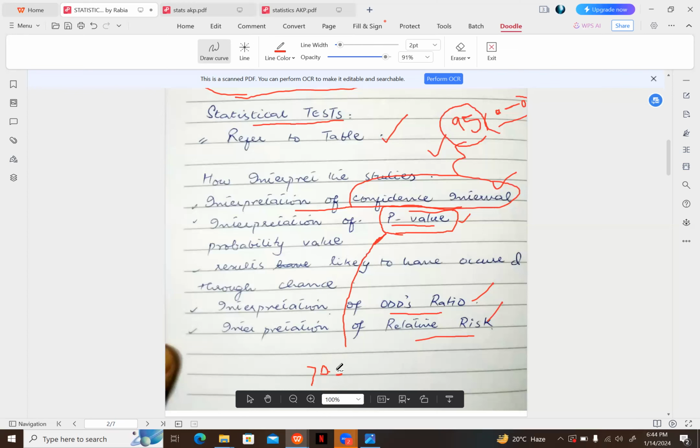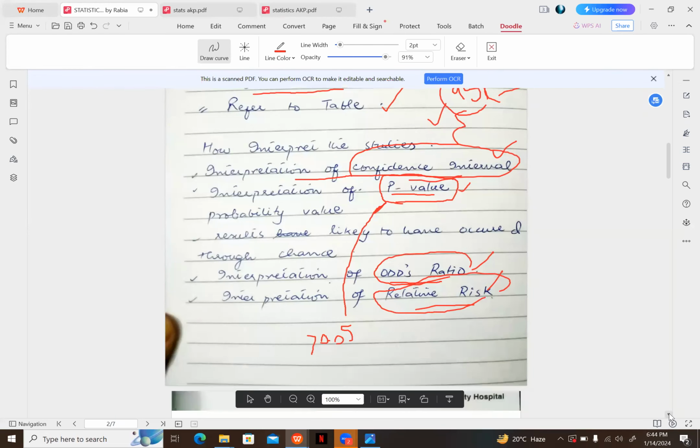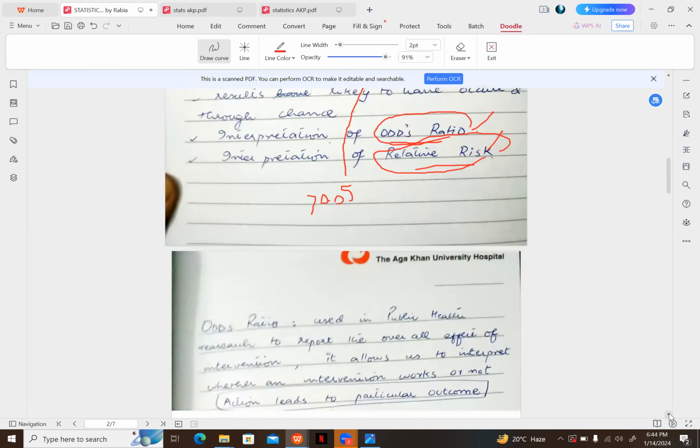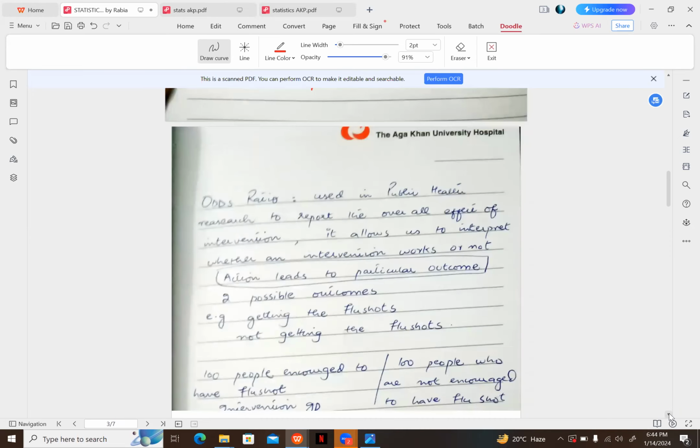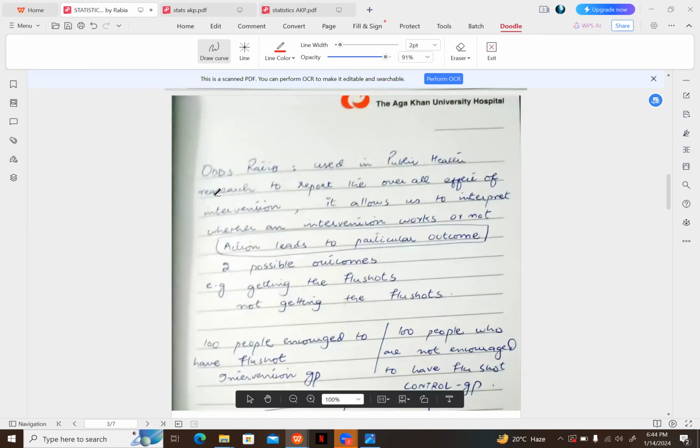That is the probability value. The main things which will be coming in your exam are the odds ratio and the relative risk. So this is the main thing; if you are able to interpret these, then that would be very easy for you.